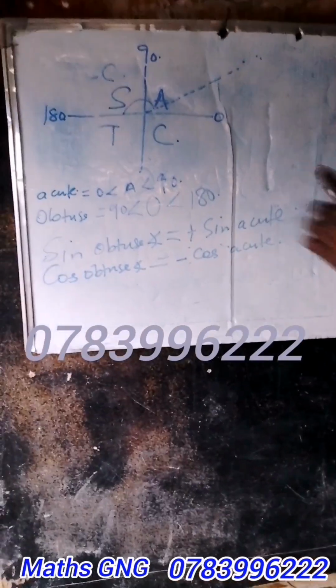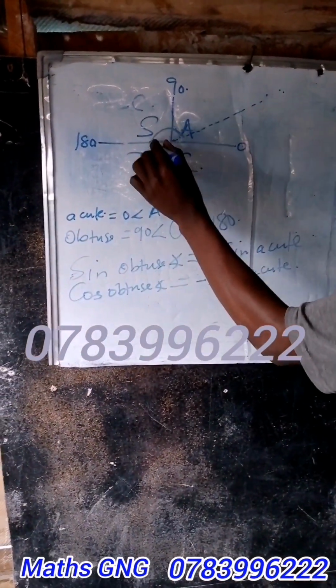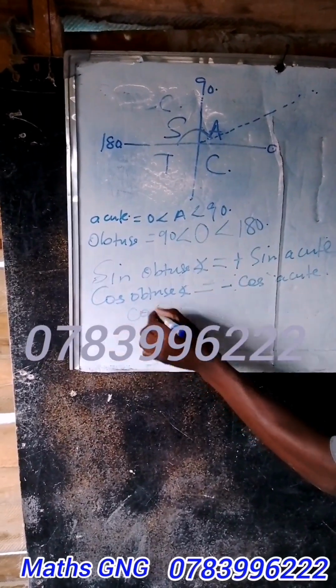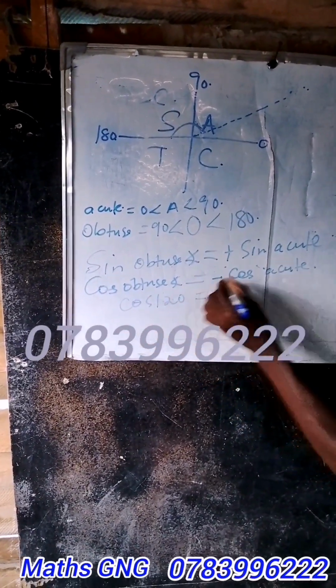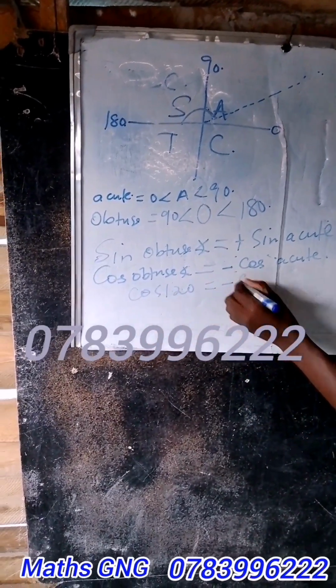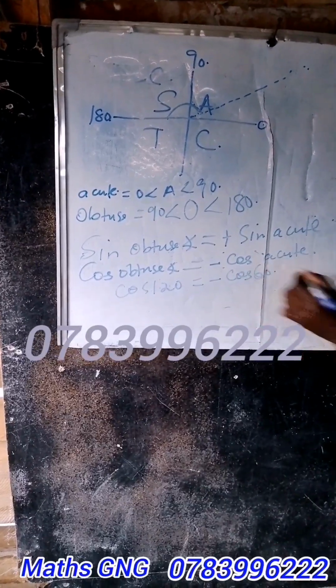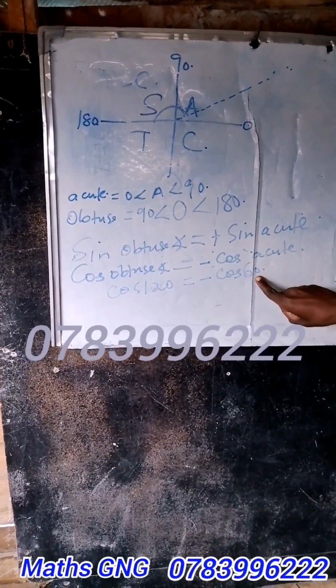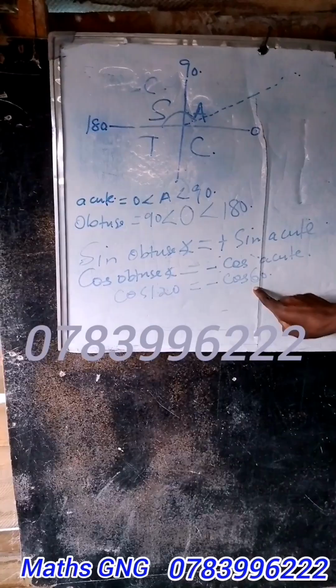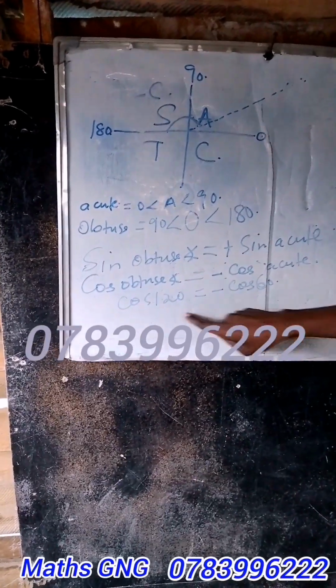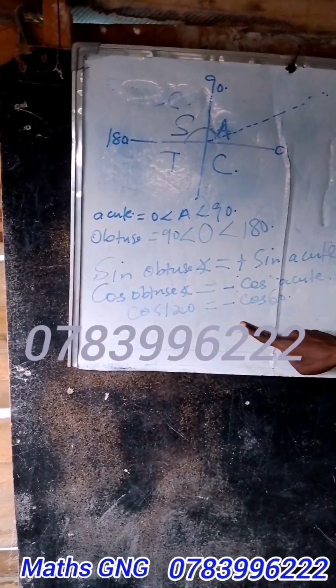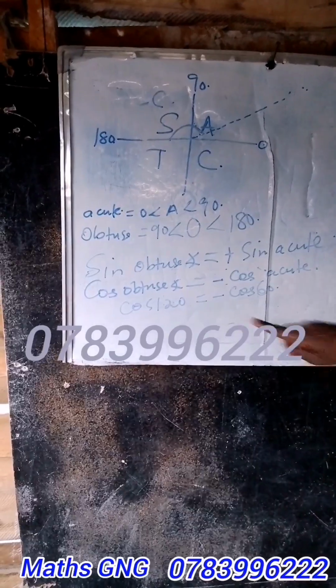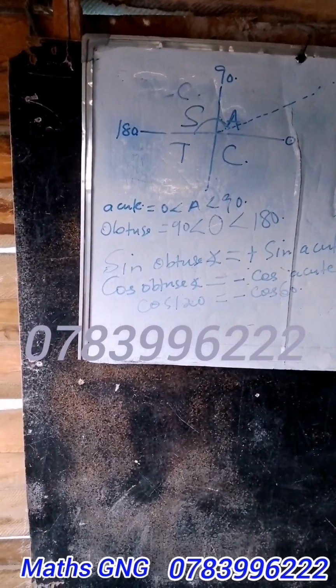That's why cos 120 is equal to the negative cos 60. Cos 60 is half, so negative cos 60 is negative half. So cos 120 is negative half.